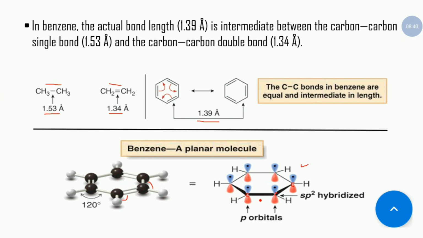All carbons have a p orbital and maintain sp2 hybridization. So all carbons have p orbitals and are sp2 hybridized, so the molecule is present in a single plane.